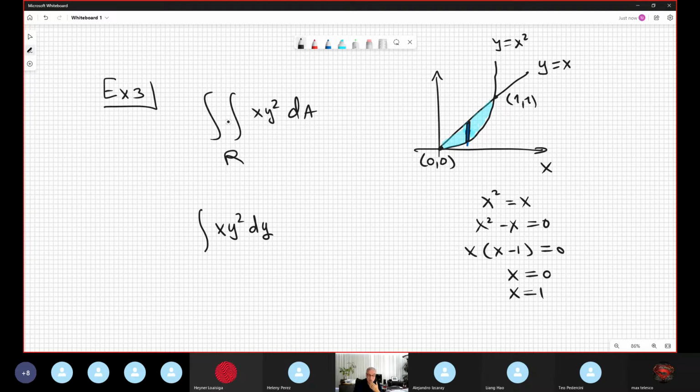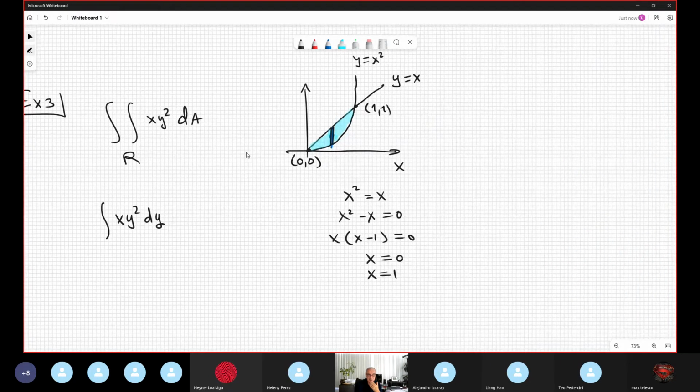Now my region, if I express it as inequalities, although it's not necessary when you have practice, is from x squared to x, right? Because who is the top and who is the bottom? The bottom is the parabola, the top is the line. And x varies from 0 to 1.